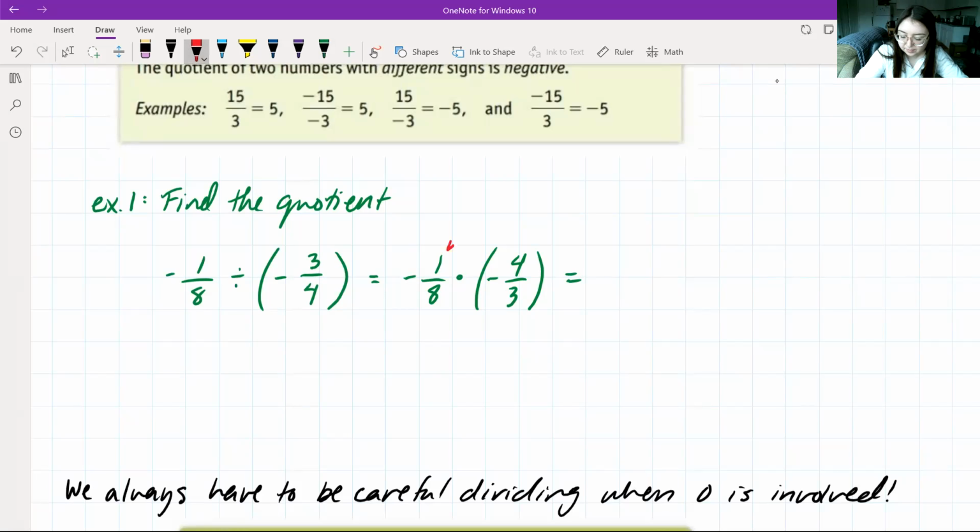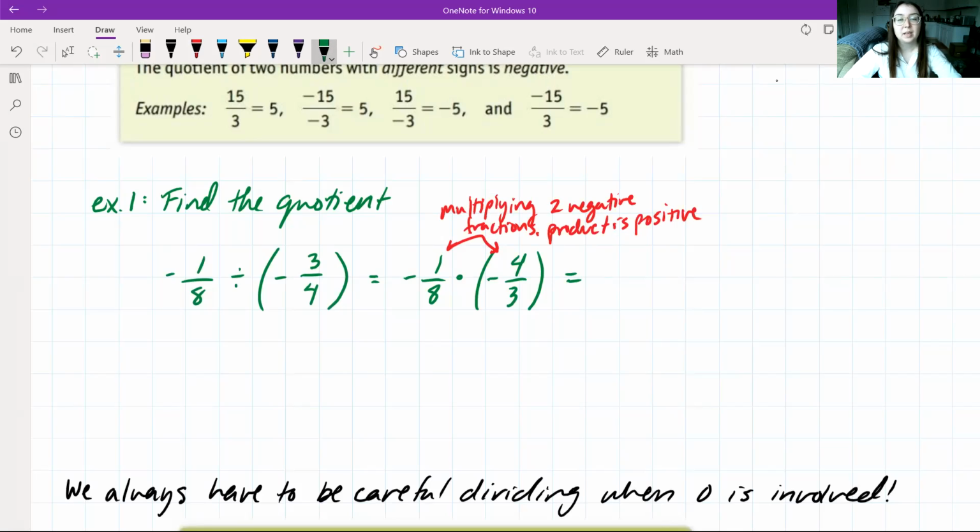So we can say multiplying two negative fractions, the product is positive.